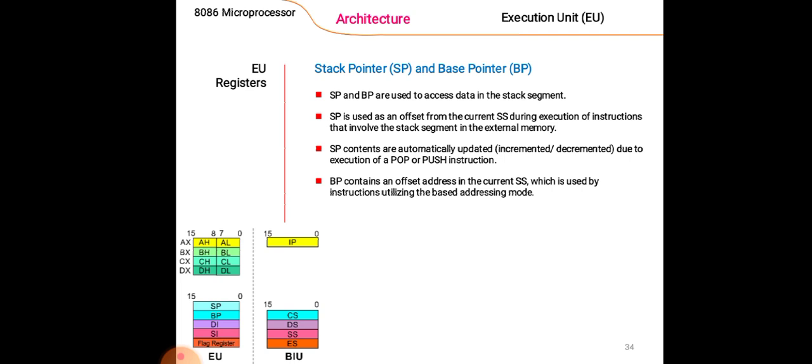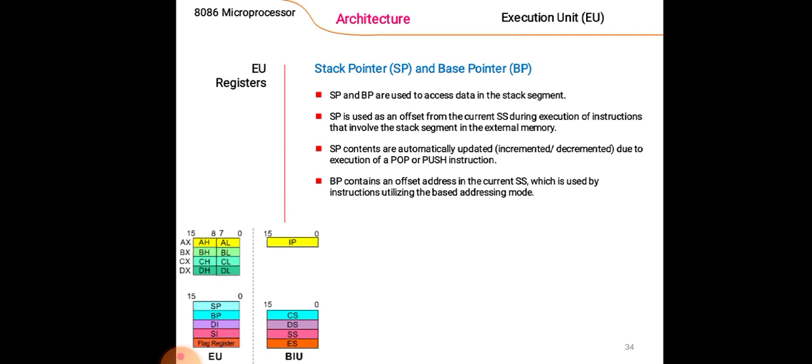Stack pointer and base pointer, as I said, the pointer is used to point to the next memory location. So push and pop operations are performed by pointers. We have two pointers in 8086, that is stack pointer and base pointer. These pointers are the same as you have used in C language.